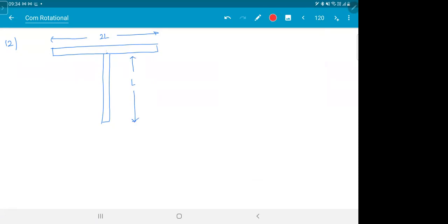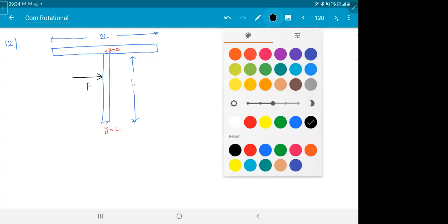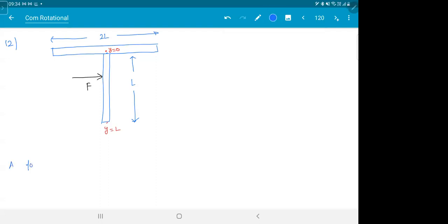Let me call this point here y equals 0, and this point y equals L. So you are applying force F at some point here. Force F is applied on a uniform T-shaped rod. Be careful, lengths are not the same.